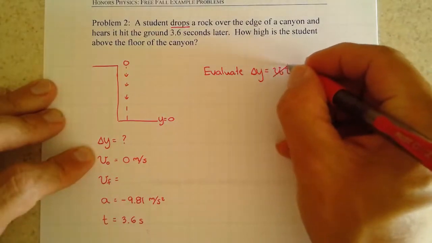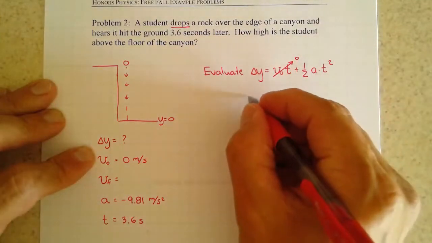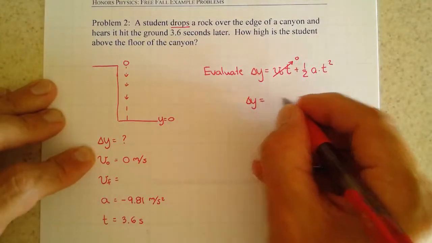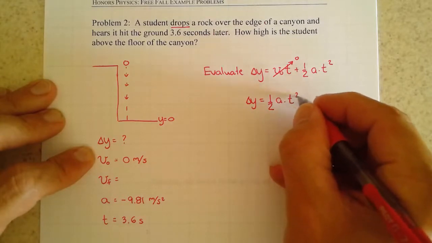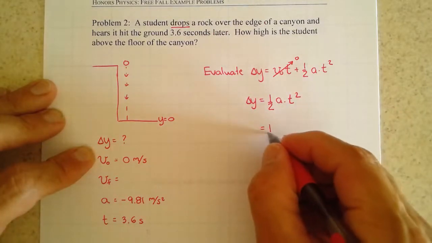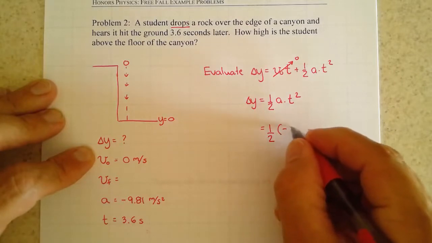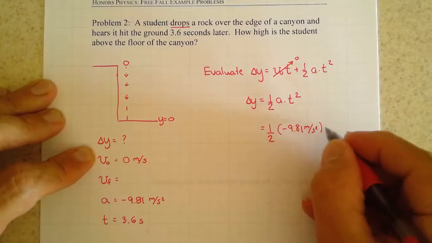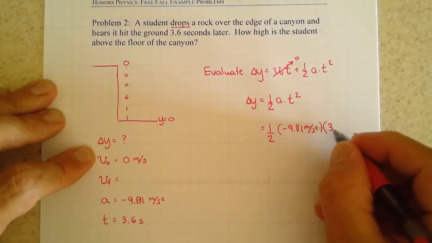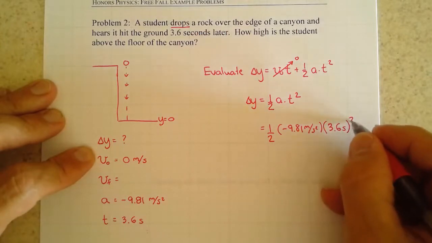Since the initial velocity is 0, the distance it falls, delta y, equals 1/2 of a times t squared, which I can evaluate by plugging in the numbers. Negative 9.81 meters per second squared times a time of 3.6 seconds, squared.